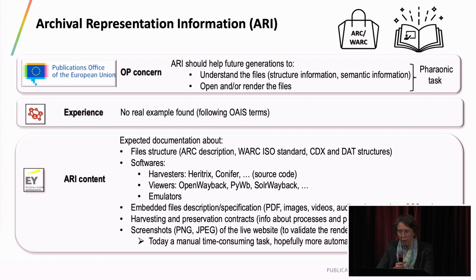The big chapter is the embedded files. We should all describe them. And then harvesting and preservation contracts, if we do it with an external contractor, because it gives interesting information about the processes, and also the screenshots of the live website, because it helps to render or to verify the quality over time.